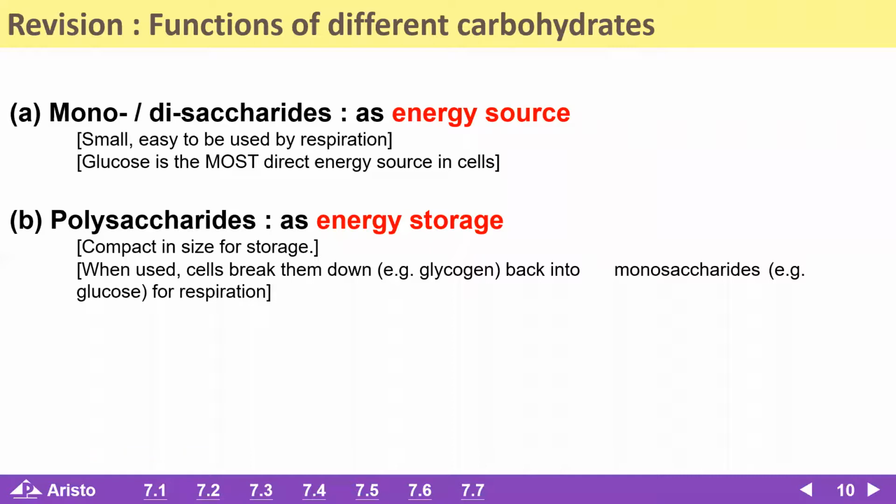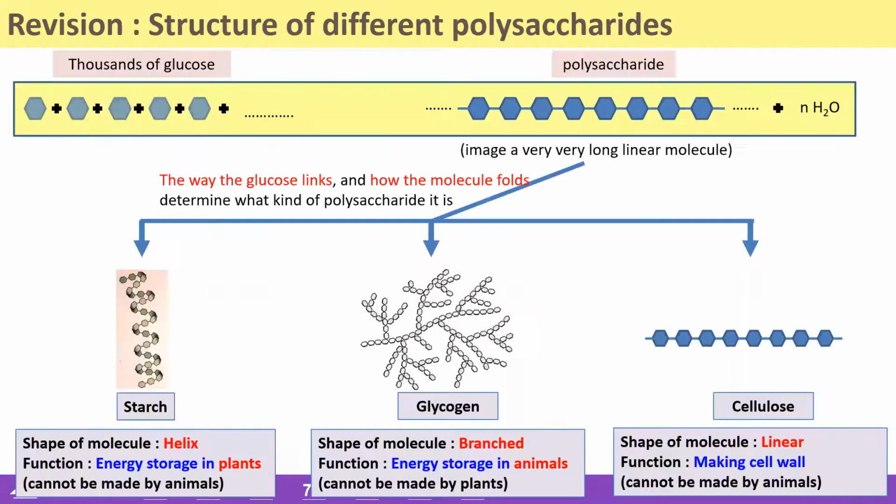To understand how carbohydrates are assimilated, we need a little bit of revision. Remember that simple sugars, monosaccharides, disaccharides, they are small, so they can be directly used as an energy source, while polysaccharides are big and they are good for using as energy storage. And remember that there are many different types of polysaccharides, okay?